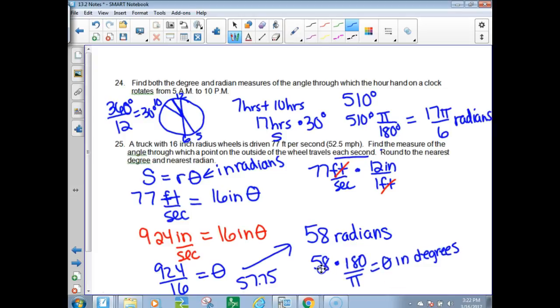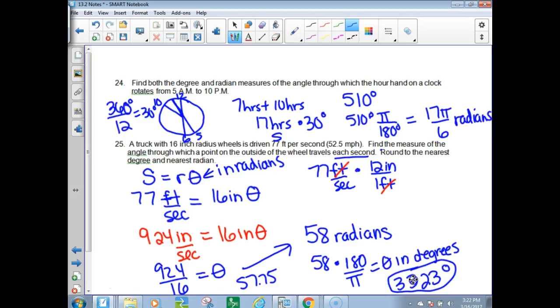Whatever you get when you do 58 times 180 divided by pi, I believe 3,323. We're going to go to the nearest degree, so shouldn't we just drop that? That's what you should be getting on the calculator.